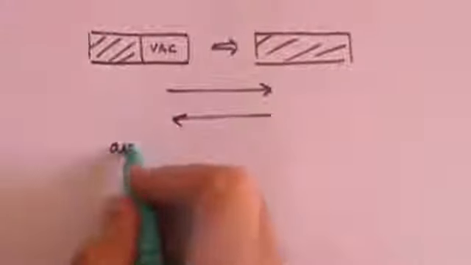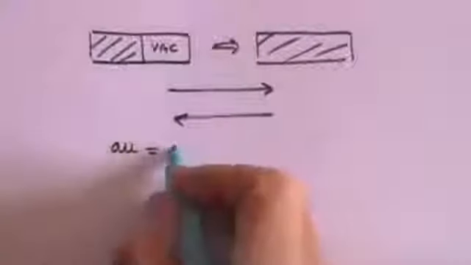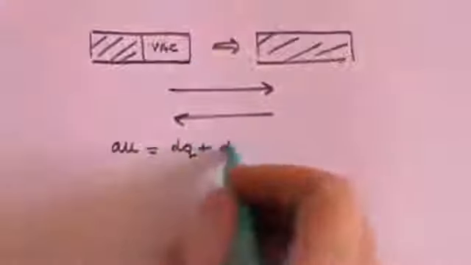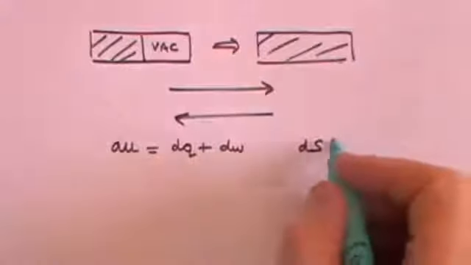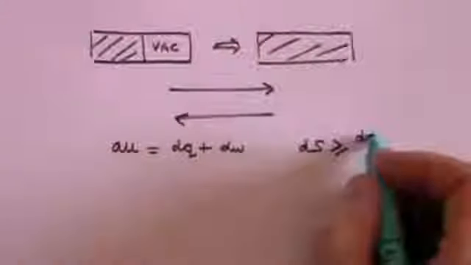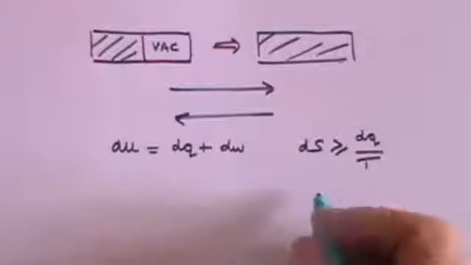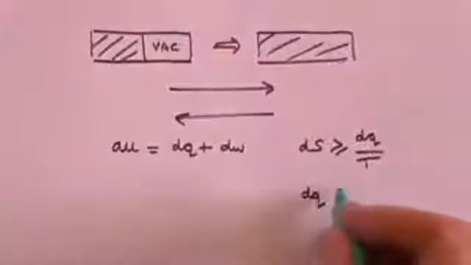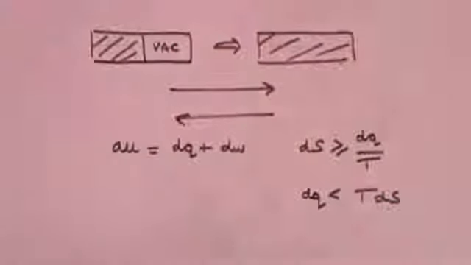We know from the first law that dU, change in energy, is heat in plus work in. And we know that the change in entropy is always greater than or equal to dQ over T. And that means that dQ is less than or equal to T dS.